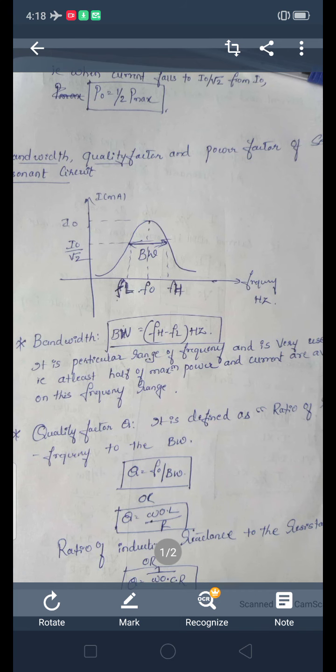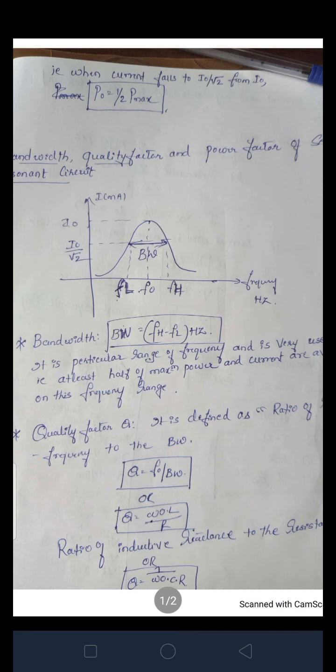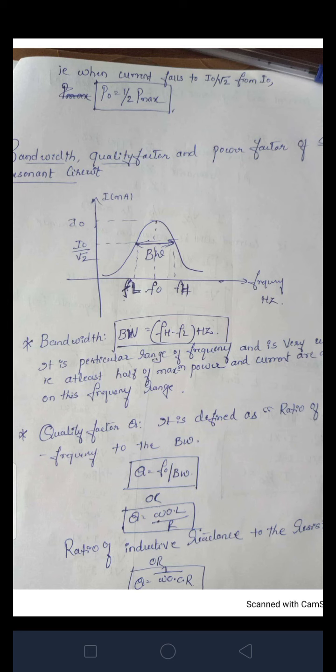It is concerned with the energy stored in the circuit to the energy dissipated in the circuit. Therefore, it is omega naught L divided by R. This is quality factor. We will get calculations on this: calculation of bandwidth and calculation of quality factor.